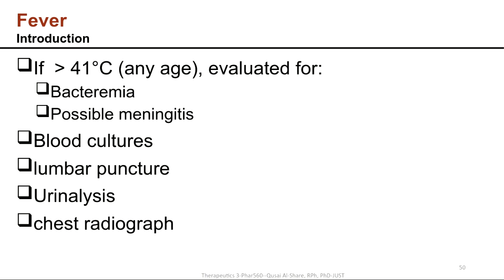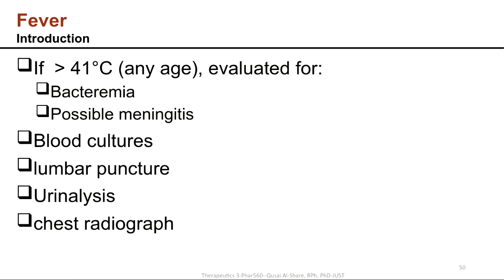If the body temperature, sorry, is more than 41 degrees at any age, this is really high, then you need to evaluate for two things. The first thing that should hit your mind is bacteria. There is bacterial infection. There is bacteria in the blood. The second factor, because the body temperature is so high, think about possible meningitis.